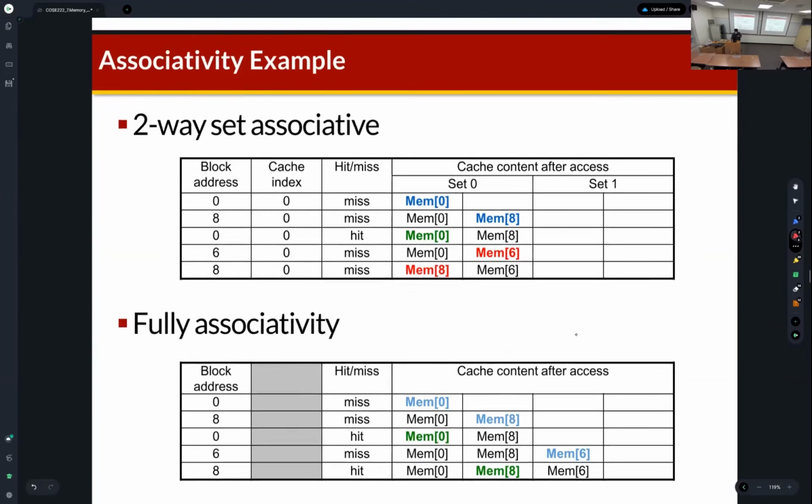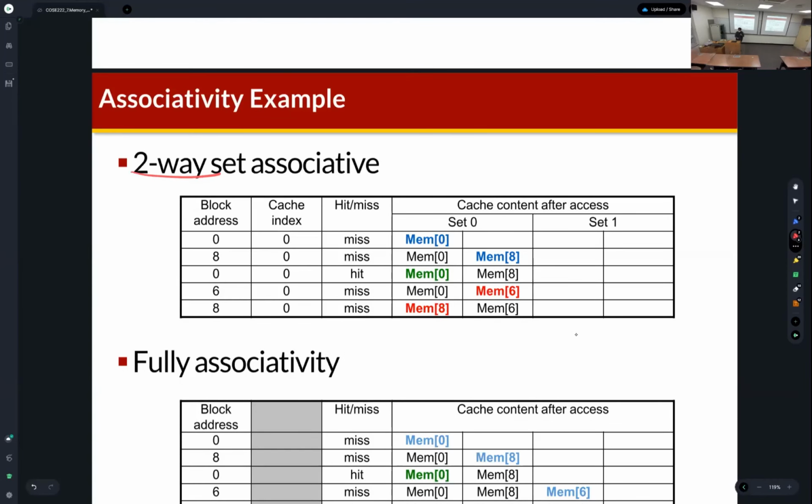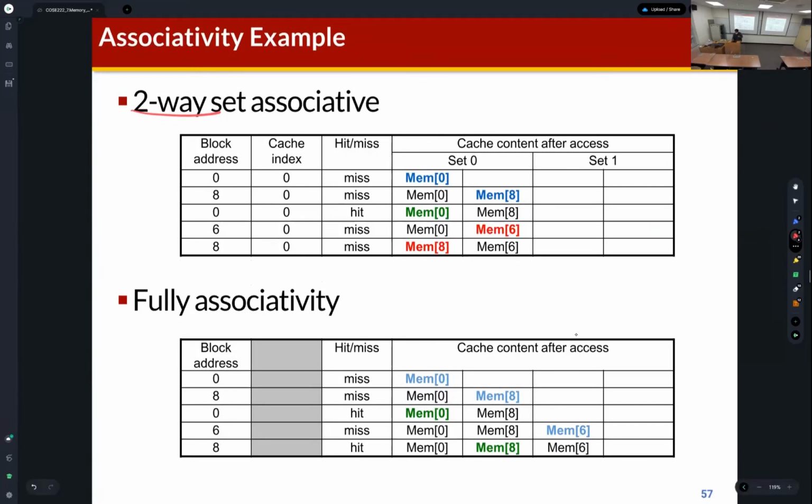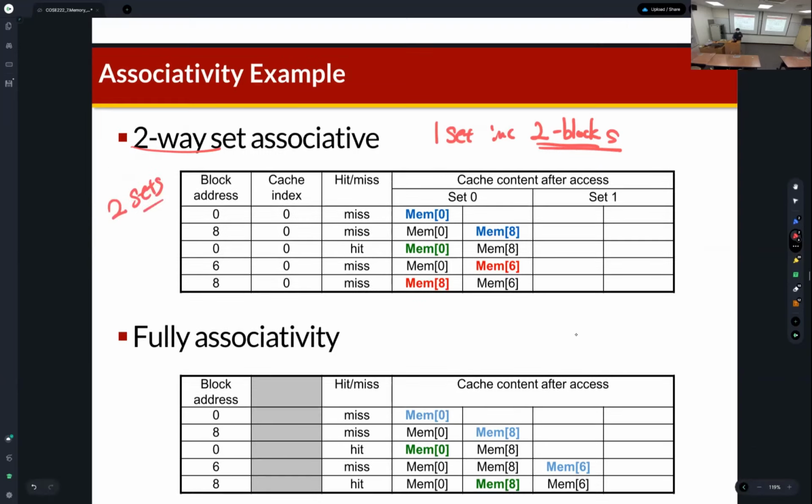Another example is the two-way set associative cache. In the two-way set associative cache, one set includes two cache blocks. I said this cache has 4 blocks, which means this cache includes only 2 sets. Understand?